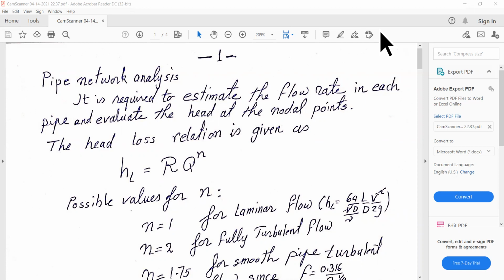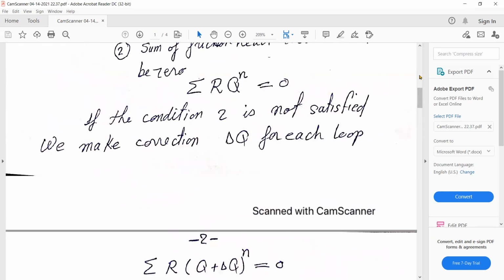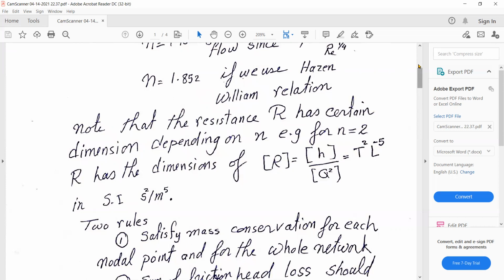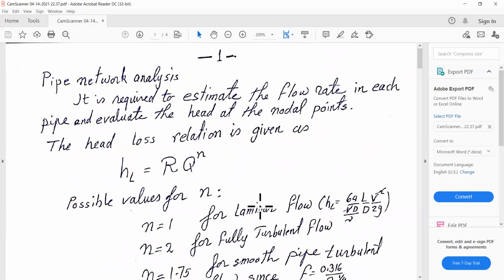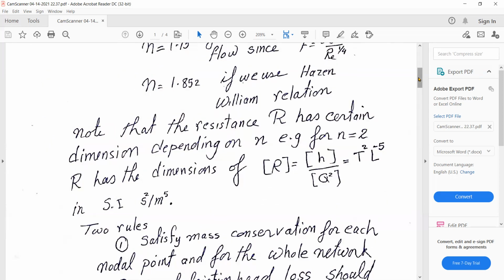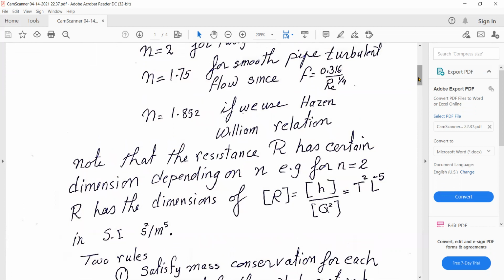For smooth pipe, N equals 1.75. I mean smooth pipe and also turbulent flow.